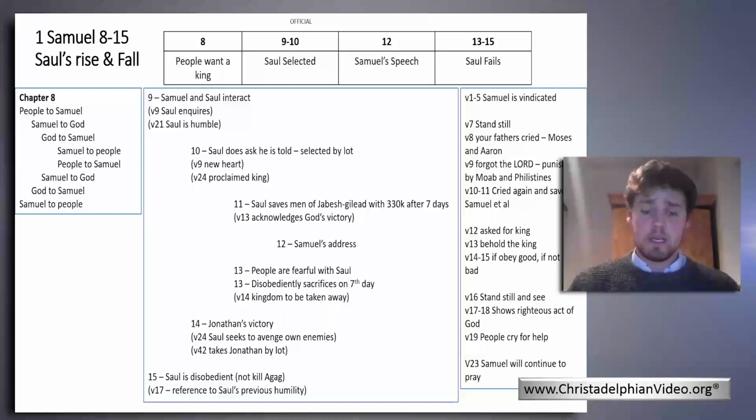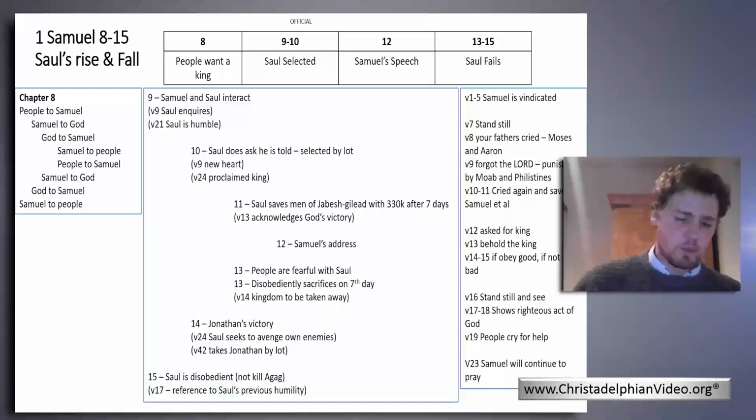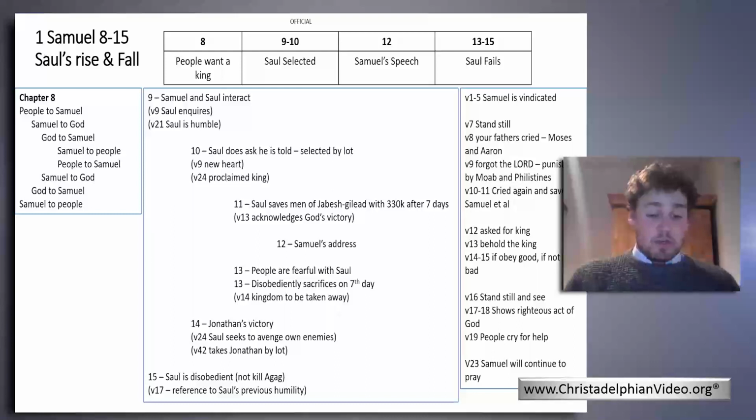So one mistake, one parallel mistake to what he did before in helping the men of Jabesh Gilead, and he is going to have the kingdom removed because God seeks a man after his own heart in verse 14.